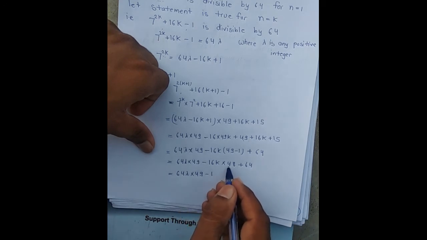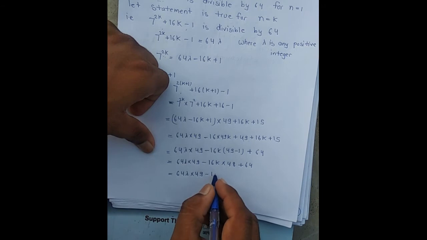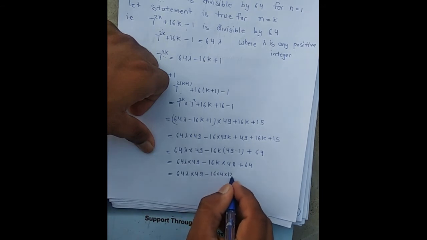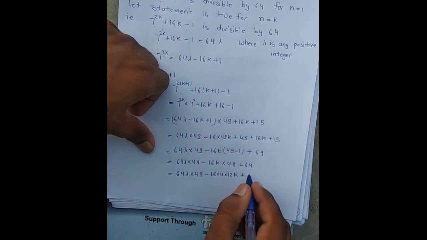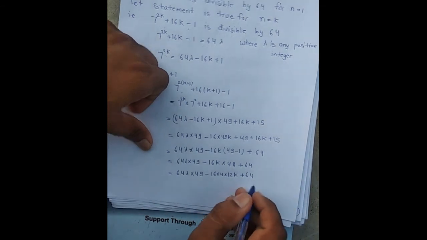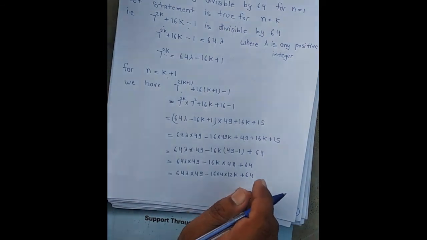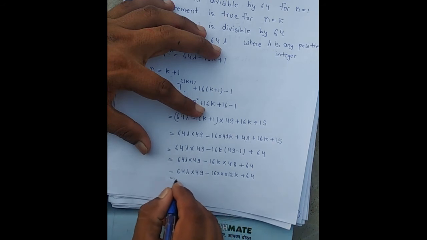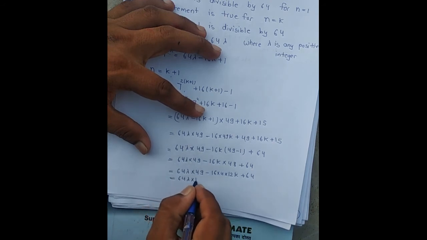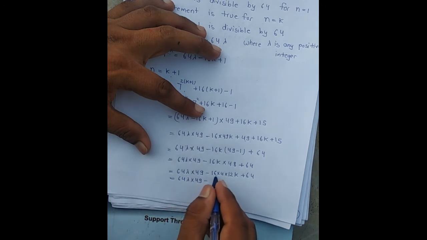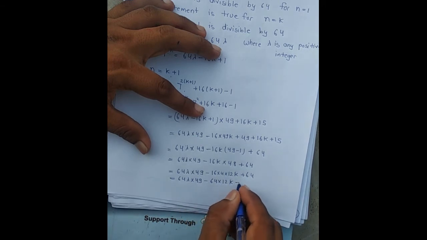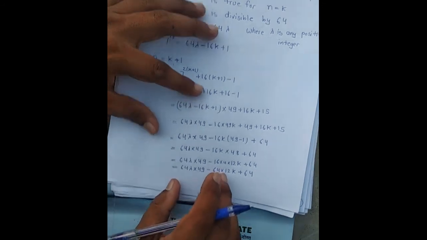We can write 48 into 4 into 12 means 16 into 4 into 12 into k plus 64. Then this term is equal to 64 lambda into 49 minus 16 into 4 means 64 into 12k plus 64.